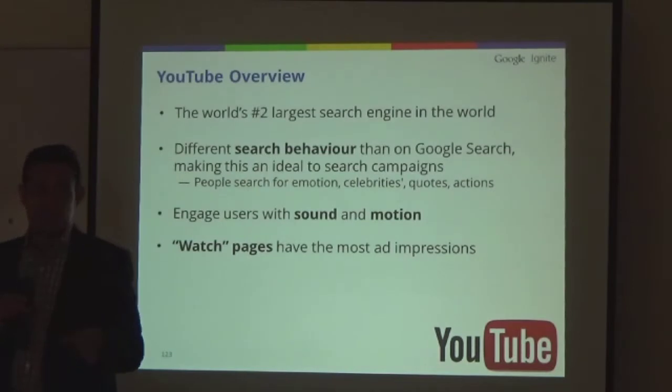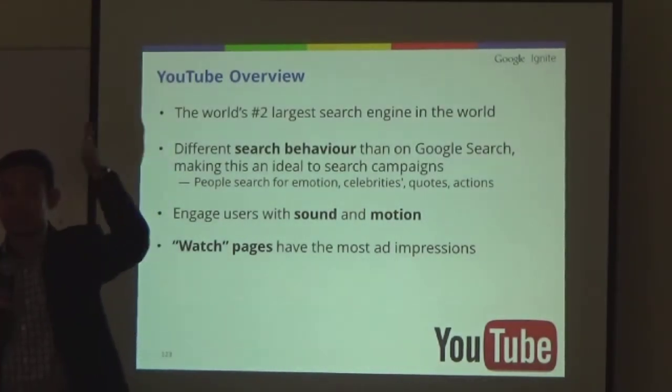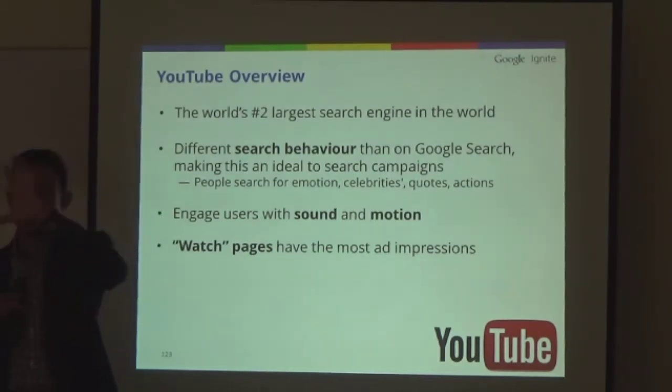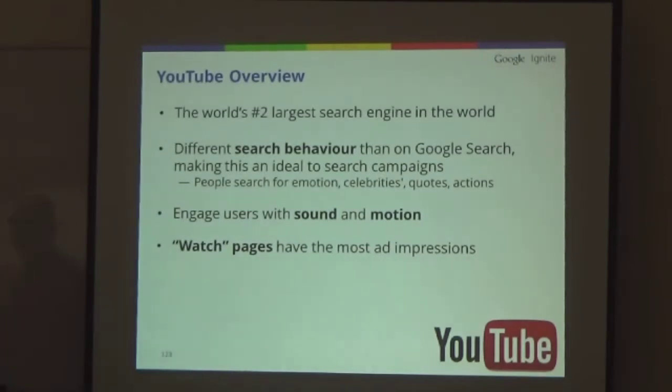Right, and in YouTube, there's this homepage, not only the homepage, the page that has the whole collection or the summary on YouTube, the main page. This is called the watch pages. Now, watch pages is where the most ad impressions are. Most of the ads are shown on the watch pages.